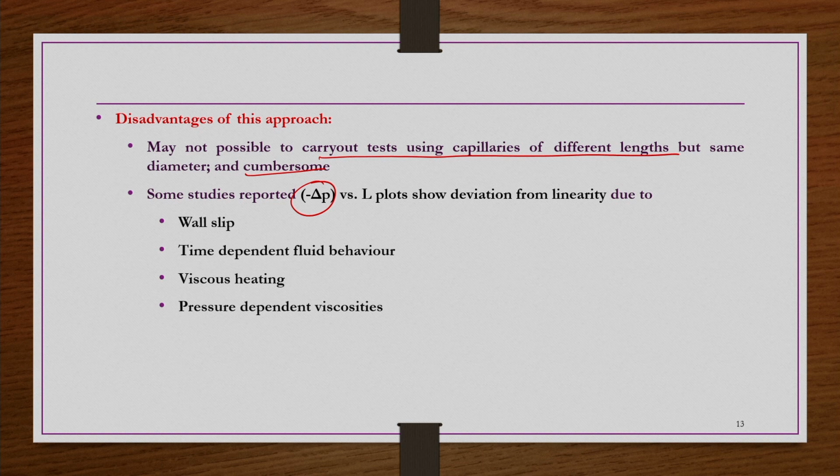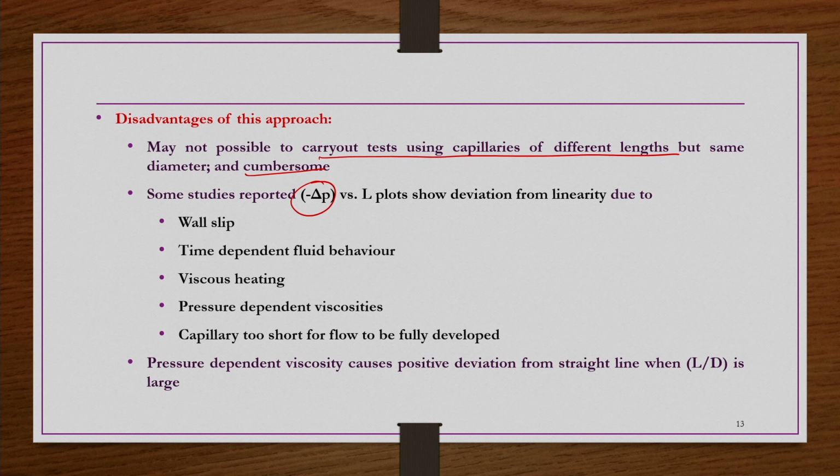So, then again that is also leading to some error, and altogether making this minus delta p versus L curve non-linear. Okay. Sometimes the capillary is too short for flow to be fully developed flow.